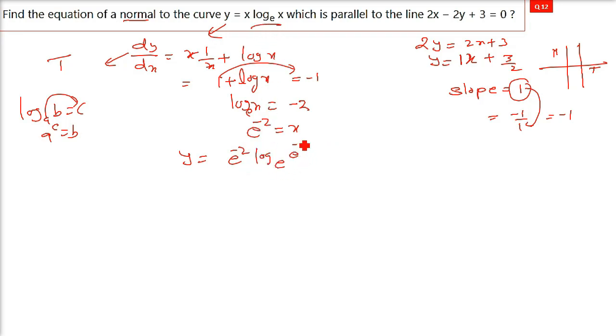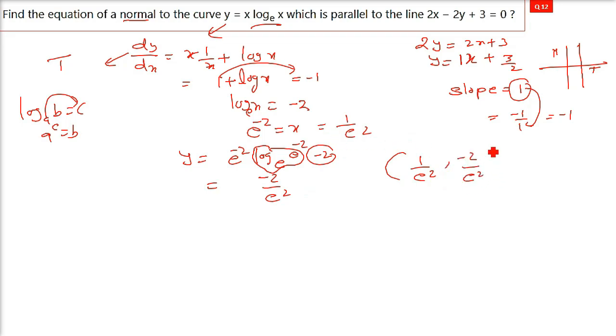When the base and the number are the same, log base e of e gets cancelled, and only the power will remain. So minus 2 into e raised to minus 2, which is minus 2 divided by e square. So we have the point x as 1 by e square, and y is minus 2 by e square.